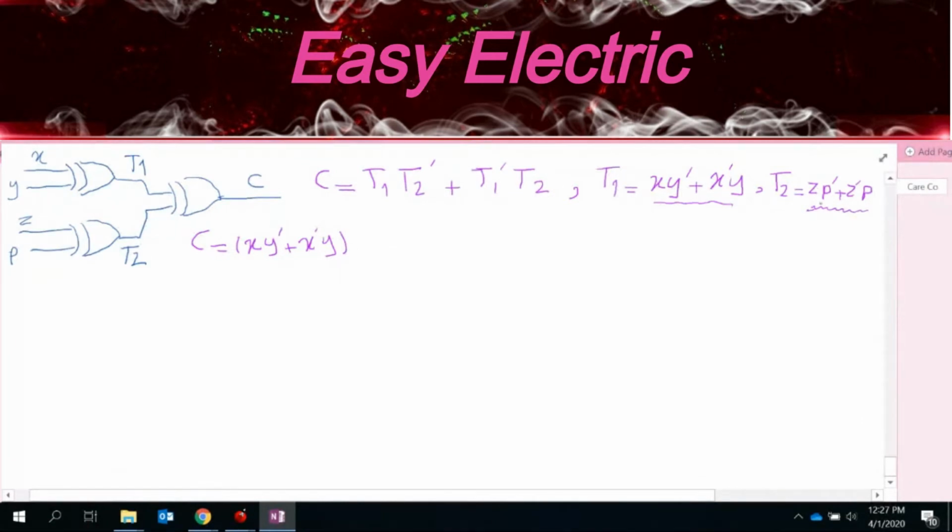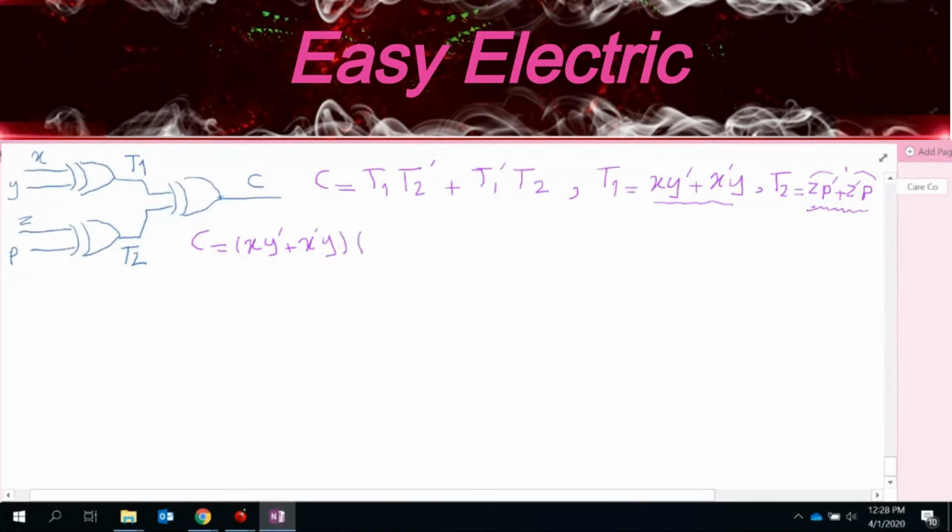So T2 prime. Whenever you have prime, it should be the prime of this and dot the prime of this term. What is the prime of this? Again, it should be z prime plus p. What is the prime of this? Should be z plus p prime. So that means you use the De Morgan 2 times, okay?